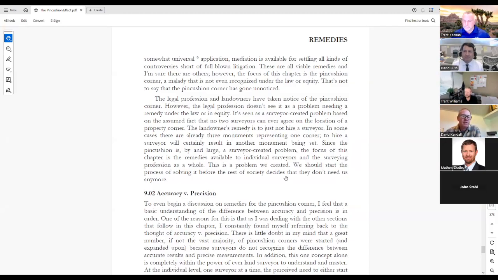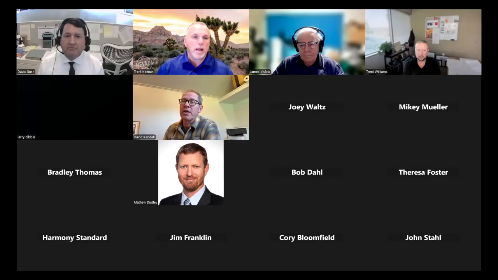I found this situation to be very frustrating in Northern California because, in addition to the neighbor surveyor disagreeing with my boundary resolution, we've got, and I love this chapter because it's got this grand finale at the end, the ultimate remedy, and it all seems so simple in black and white.